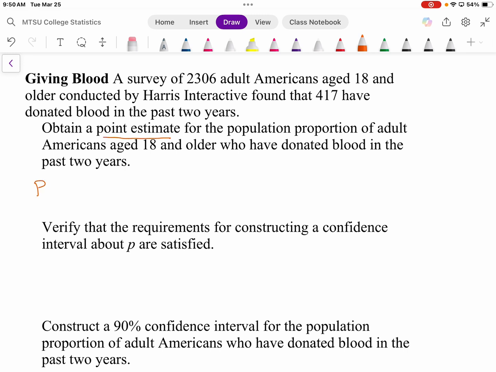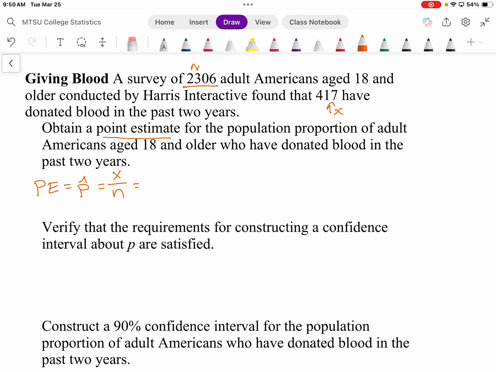They don't tell me a confidence interval, so we have to remember that in this case, our point estimate is the p hat. That is the x divided by the n. So they surveyed 2306, that's my n, and they found that 417, that's my x.